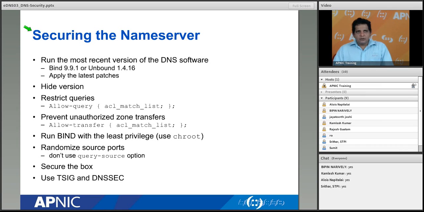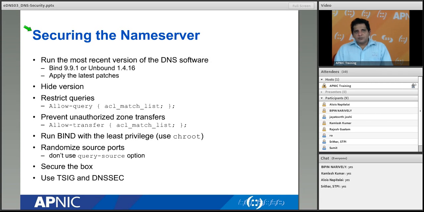We talk about namespaces, so that's your zone files, domains, zones, and so on. And then who keeps those spaces? That's name servers. So we have to secure those aspects.